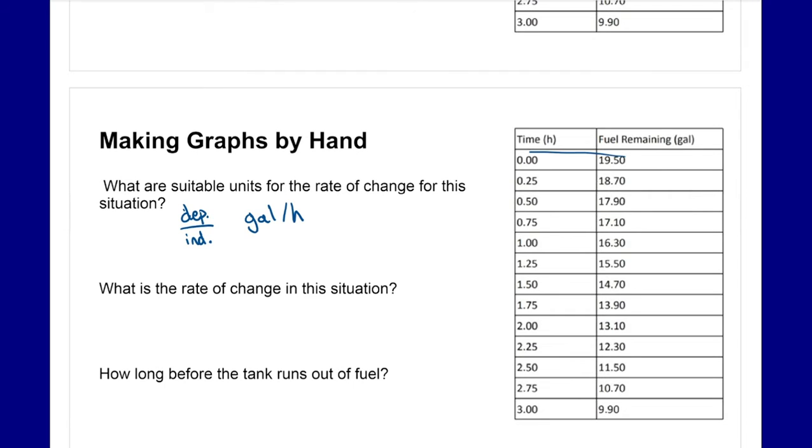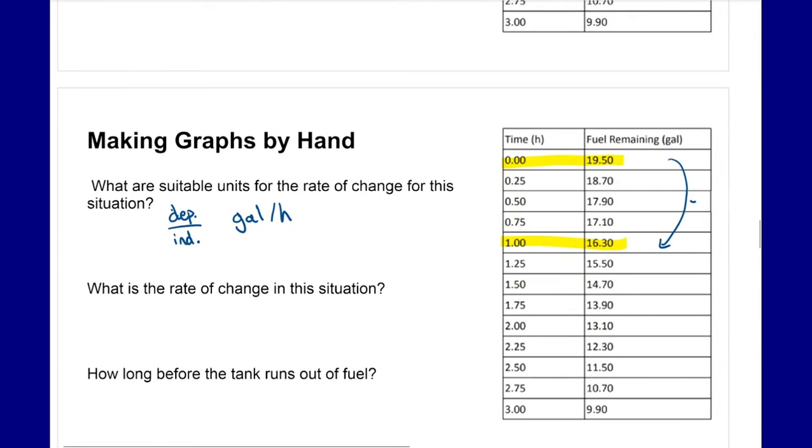So we can look at the first value here, and we can look at this value here. So what is that change? Well, going from 19.5 to 16.3, that's a change of 3.2.